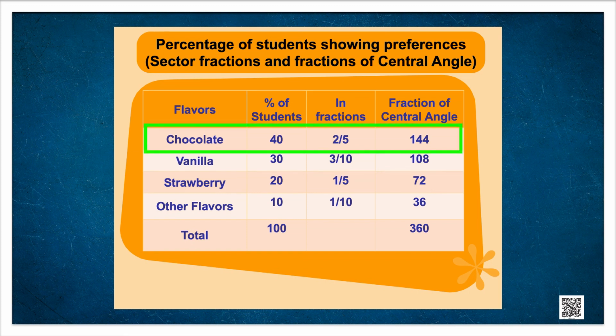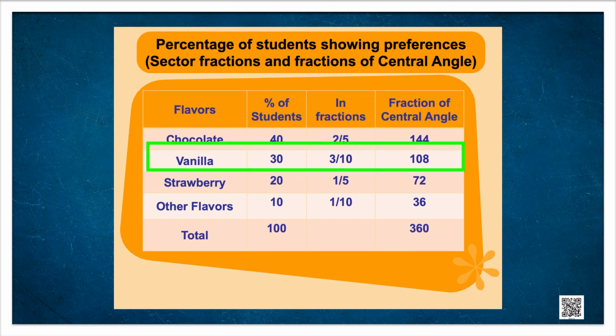Chocolate, it is 40%. 40 divided by 100 is equal to 2 by 5. Then the fraction of the circle will be 2 by 5 of 360. That is equal to 144 degrees. For vanilla, it is 30%.